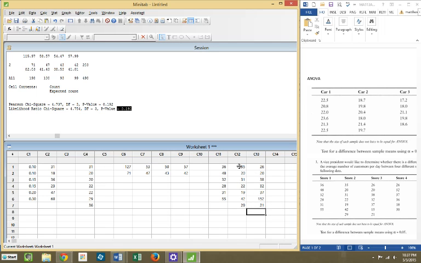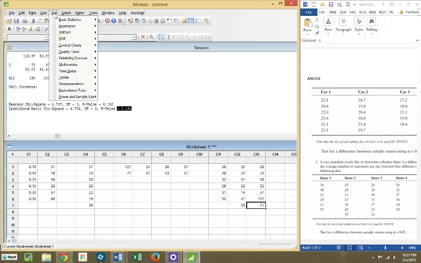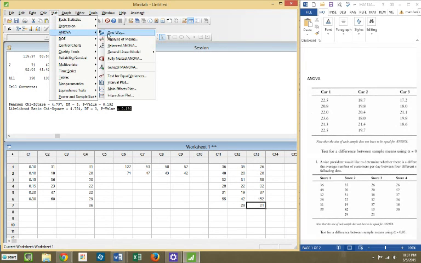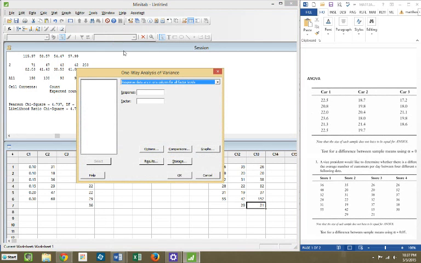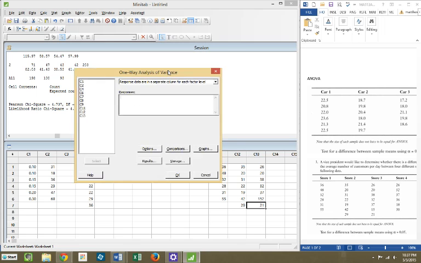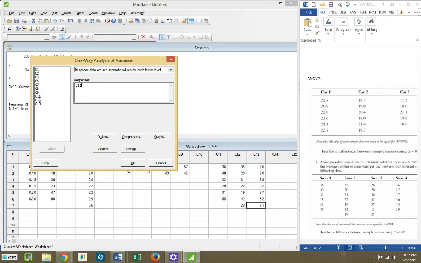Now, in the interest of time, I'm only going to do 3 stores, not 4 stores. You'll notice there's not even the same number in each category. I'm going to go to stat, and I want to go to ANOVA. Remember, we're talking one-way ANOVA, and all my responses are in separate columns. Which columns am I interested in? Looks like 11, 12, and 13.